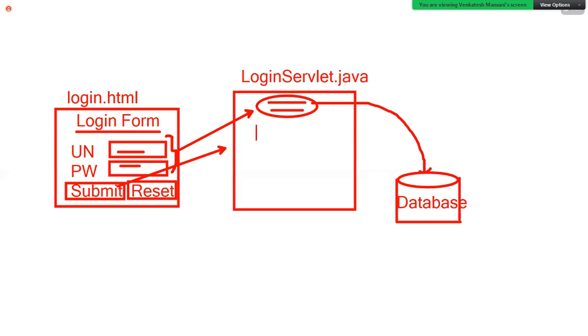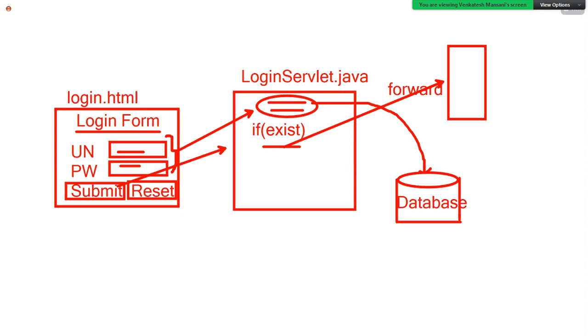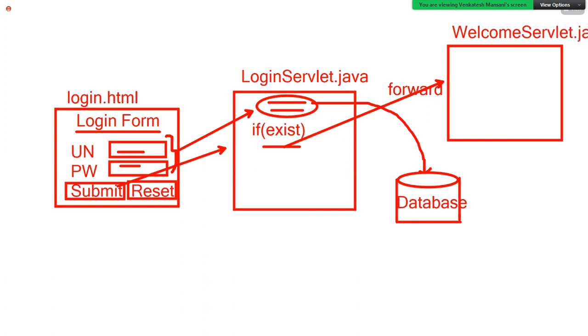Now, if it exists, I'll forward. Given the username and password exist, I'll forward to another servlet. Here forward, here welcome servlet. Okay. Now here, welcome username.